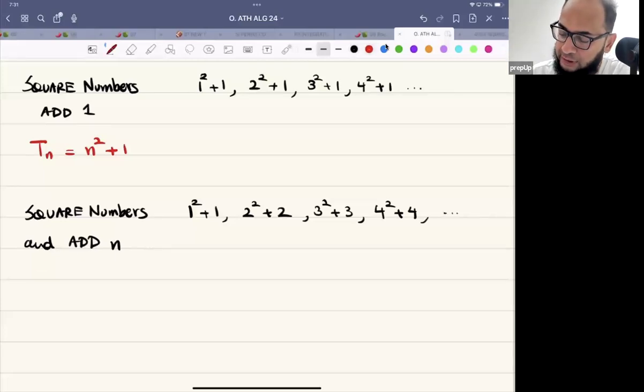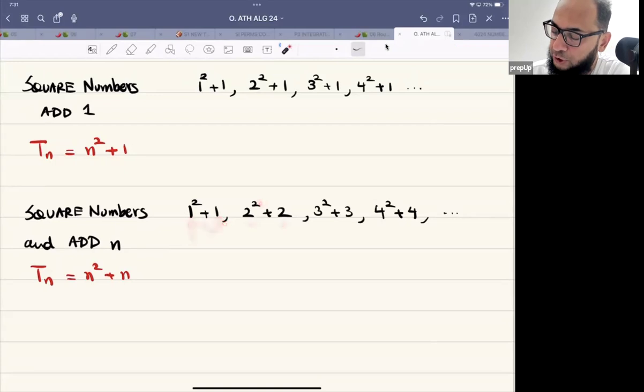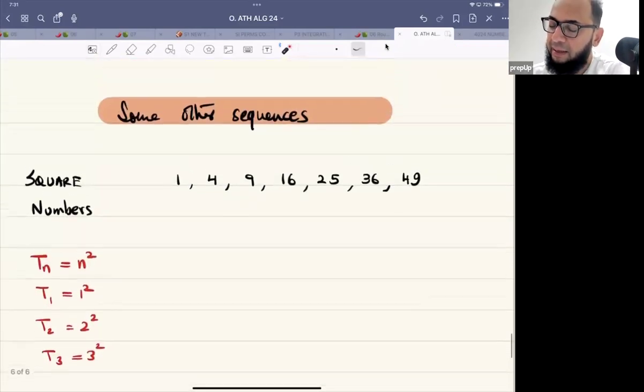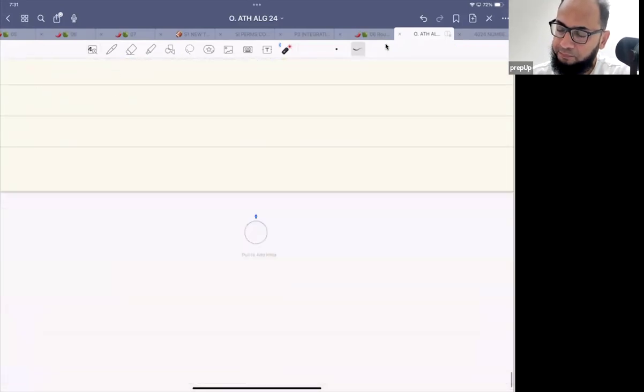So what is the sequence? The sequence is Tn is n square plus n. If n is 1, it's 1 square plus 1. If n is 2, it's 2 square plus 2. If n is 3, it's 3 square plus 3. Similarly, 4 square plus 4. So this is about square numbers.